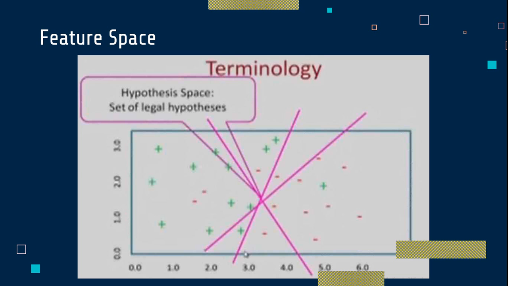That common space is called the hypothesis space. When you draw these lines, these are H1, these are H2, and these are H3. Out of these 3 lines, only one hypothesis is true, and there is some value that must be shared by all 3 hypotheses, and that value or space is called the hypothesis space.